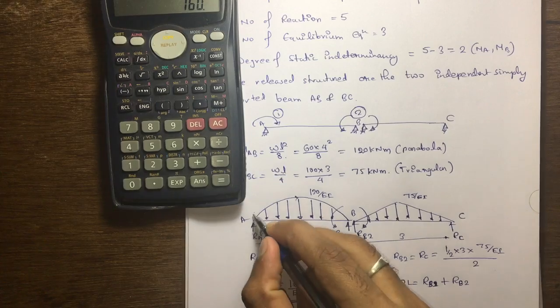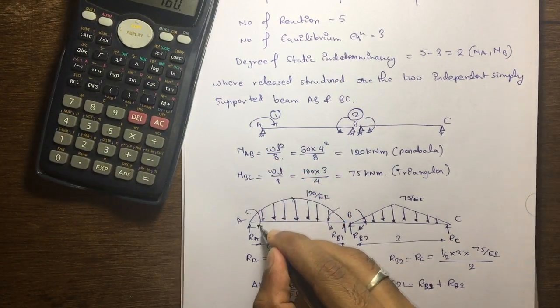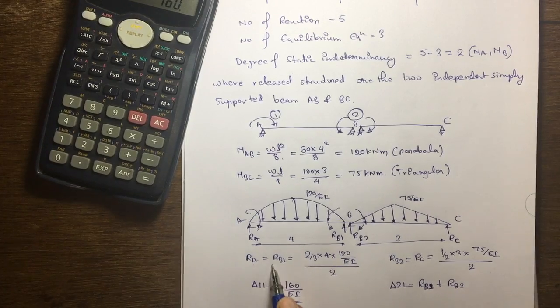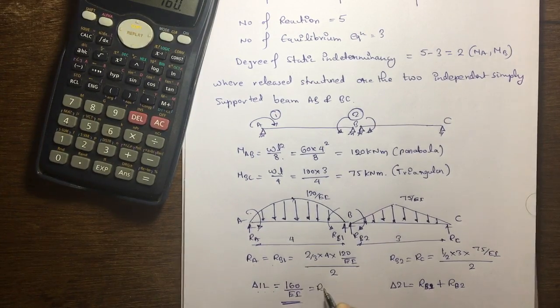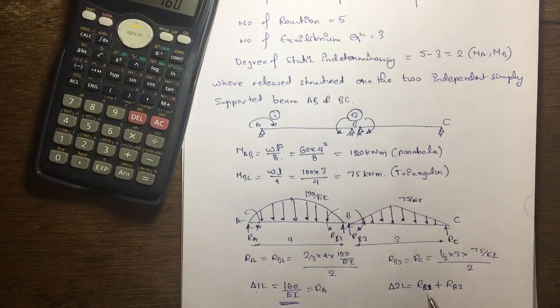In the first coordinate we had only the RA value, that is delta 1L is equal to RA, but delta 2L has two reactions, that is RB1 plus RB2.